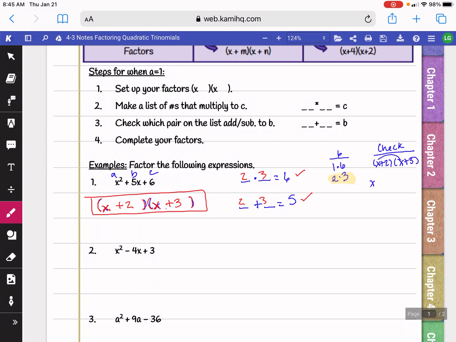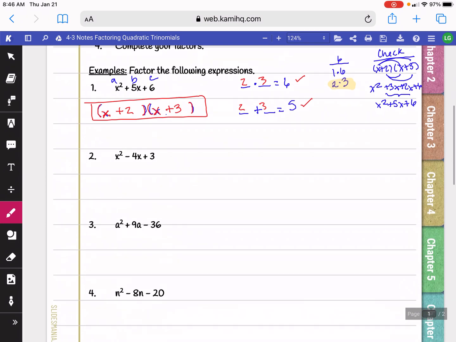X times x is x squared. X times 3 is 3x, 2 times x is 2x, and 2 times 3 is 6. So if you combine your middle terms, it comes out to x squared plus 5x plus 6. You don't have to do that check all the time, but that's just to show that your factors are the parentheses that you would multiply together to get that expression that they started with.